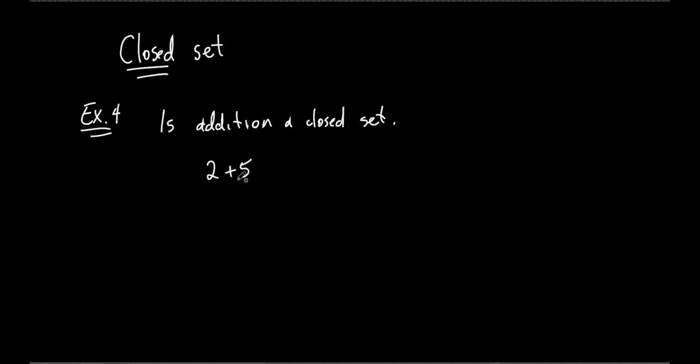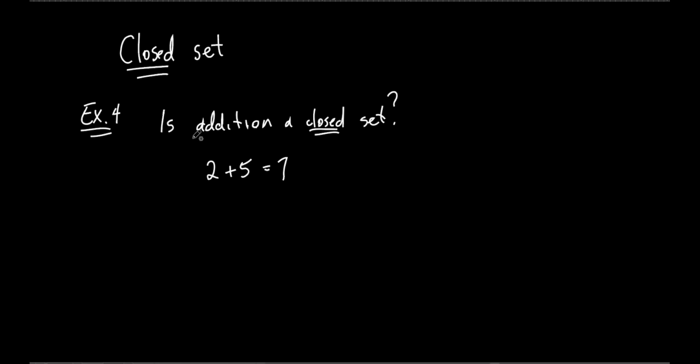What does the definition say? The result is going to be an answer that's in that same set. So my answer has to be a what? An integer. Exactly right. So is addition a closed set? Does it fit that definition? Yes, it does. If I start with an integer and I add another integer and my answer is an integer, then guess what? It's a closed set.